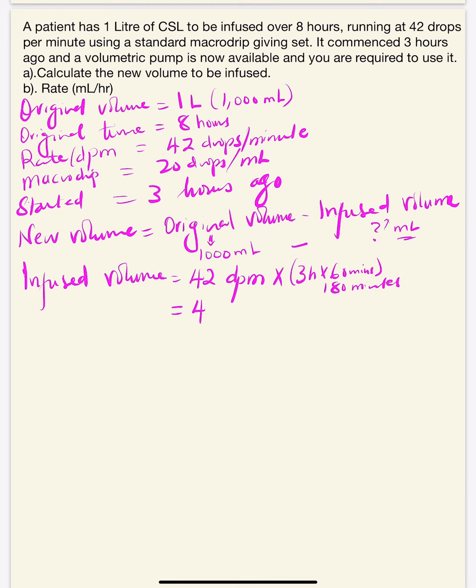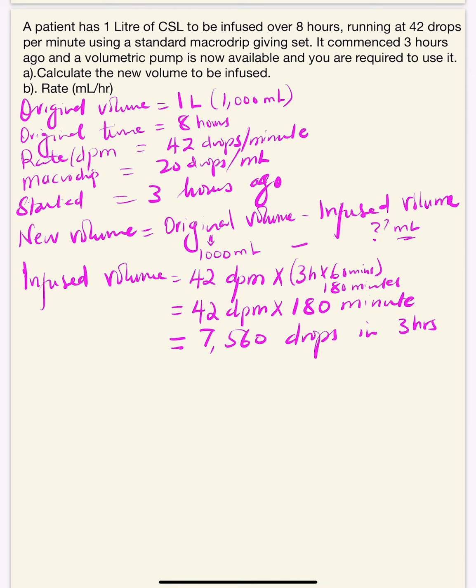Then I need to see how much has been delivered in 180 minutes. So you just say 42 times 180, and this means we've infused 7,560 drops in 180 minutes, or in 3 hours.